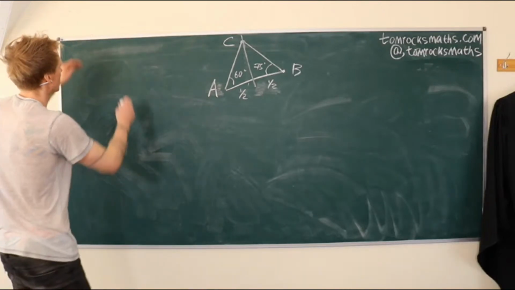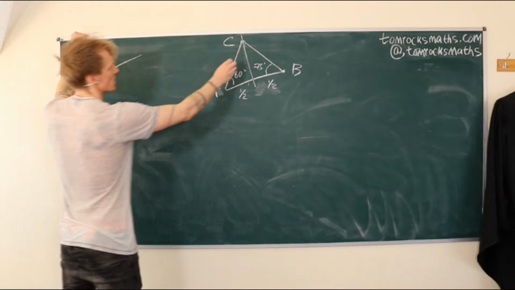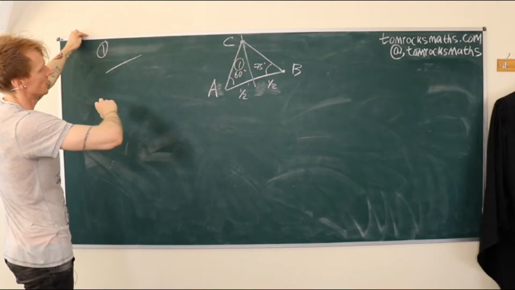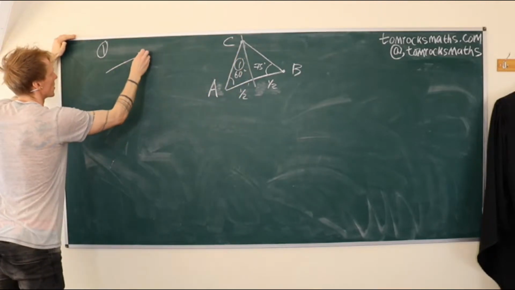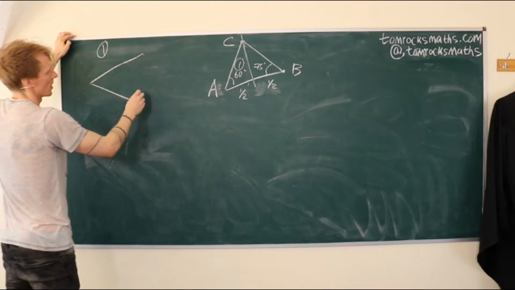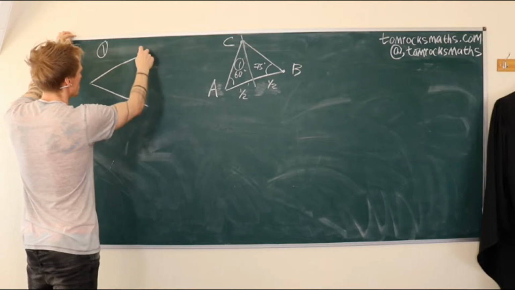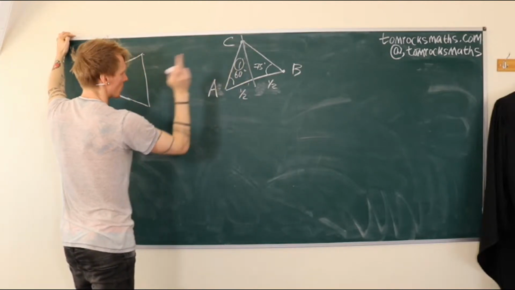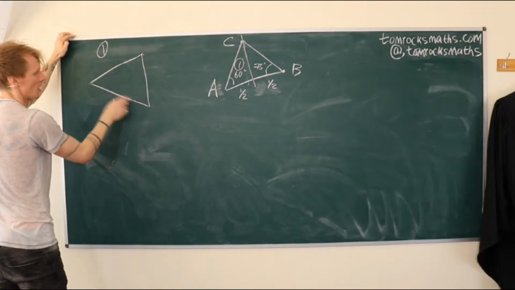So if I draw this triangle, let's call it triangle 1. I've got some unknown length here, then a 60-degree angle. The point is this is not necessarily a right angle. We don't know that. So that's a half.